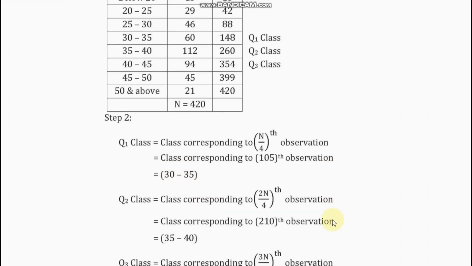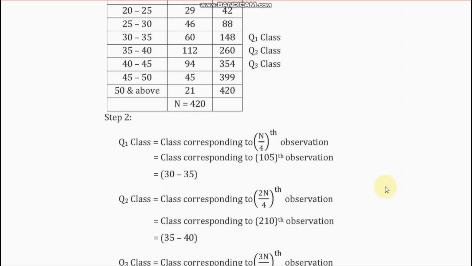Next, the second quartile class: 2 into 420 divided by 4, that is 210. We have to locate 210 here, or the next greater value, which is 260. Its corresponding class interval is 35 to 40. So the Q2 class is 35 to 40.